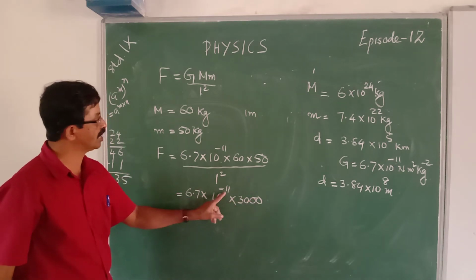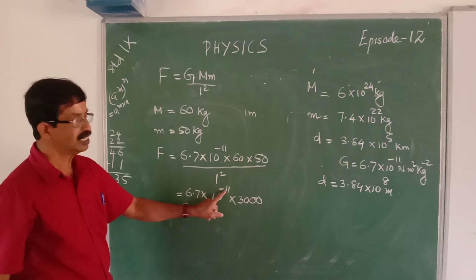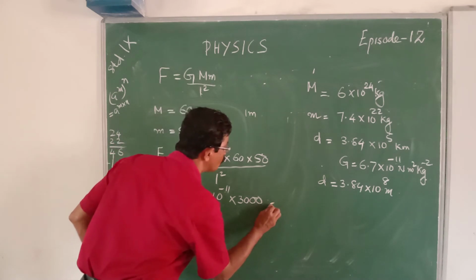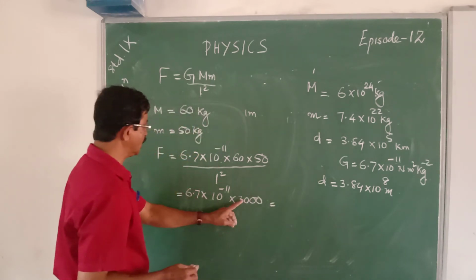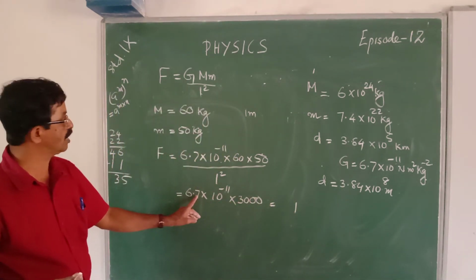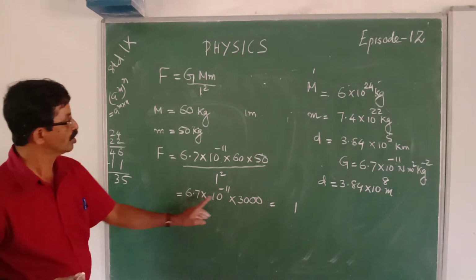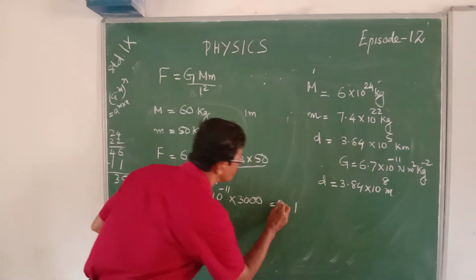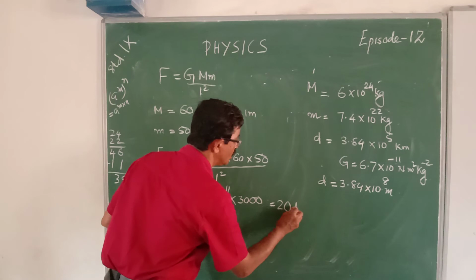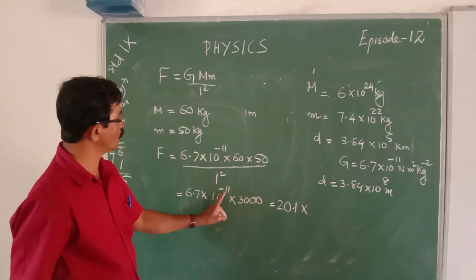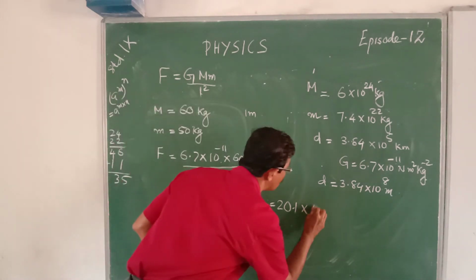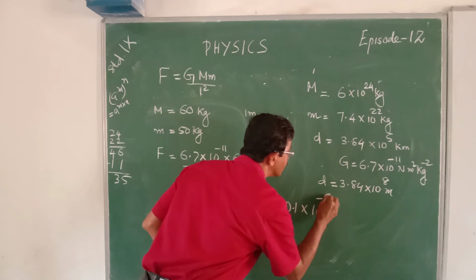This 30 we can remove from this, so that the minus 11 becomes minus 8. Now that is equal to 3 times 7, 21. Balance is how much? 2. 3 times 6, 18, 20. And 1 point 0 2, into 10 to the power minus 8.